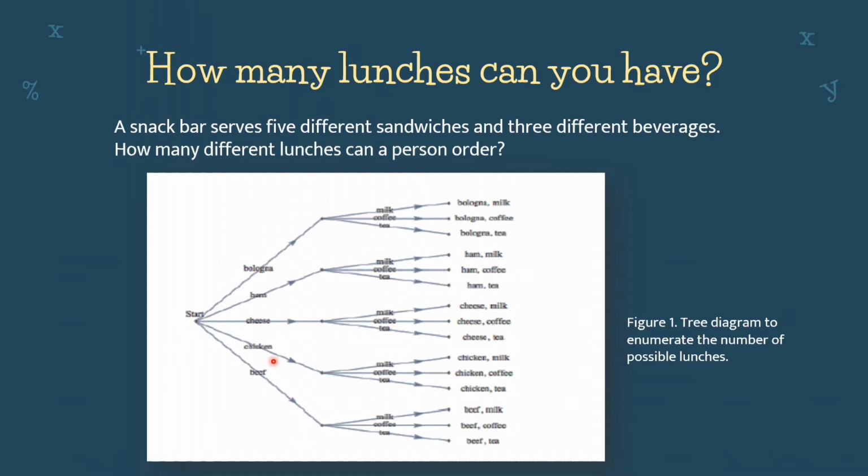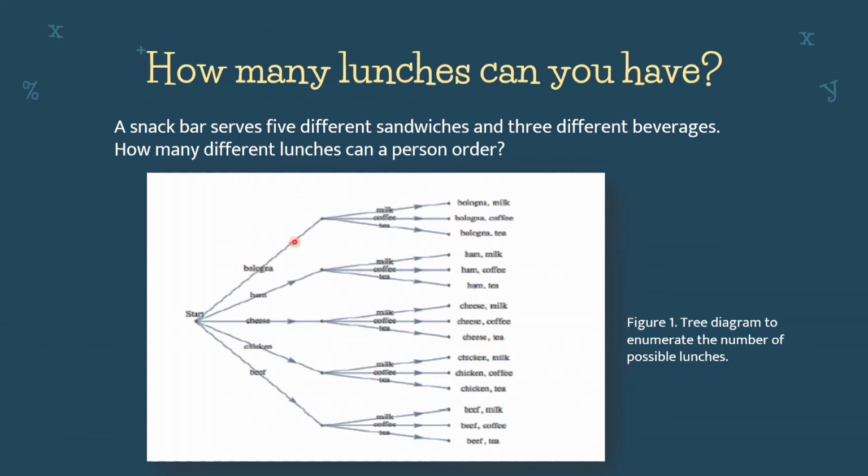And then, to be followed by the 3 different beverages, which are milk, coffee, and tea. So, there we have 15 different lunches that can be ordered.